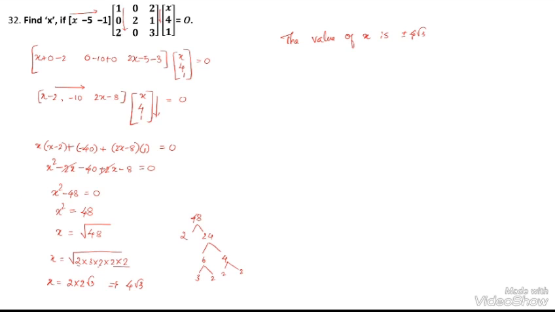Okay. Now, let's move on to question number 33. If y is equal to 3 into e to the power 2x plus 2 into e to the power 3x. Most of the time, this question is not taken for 3 marks.